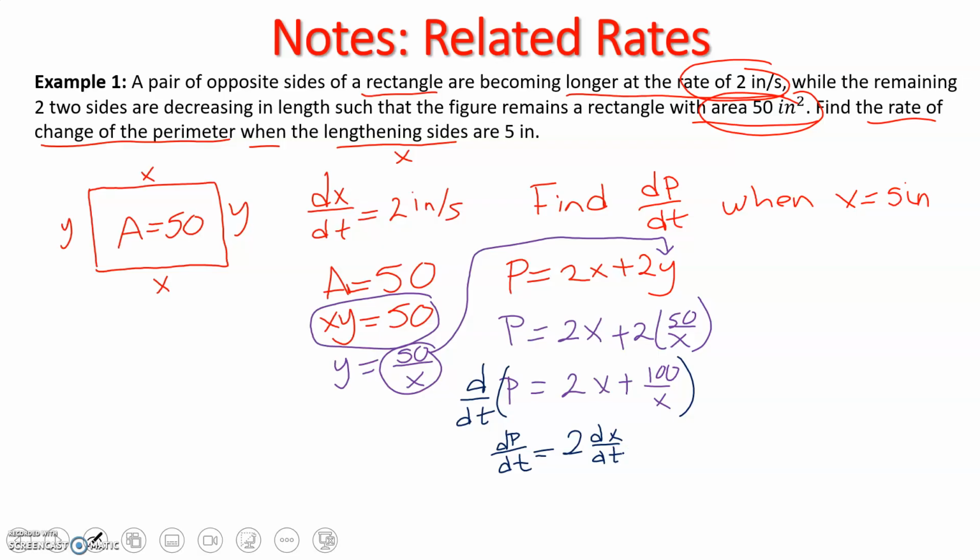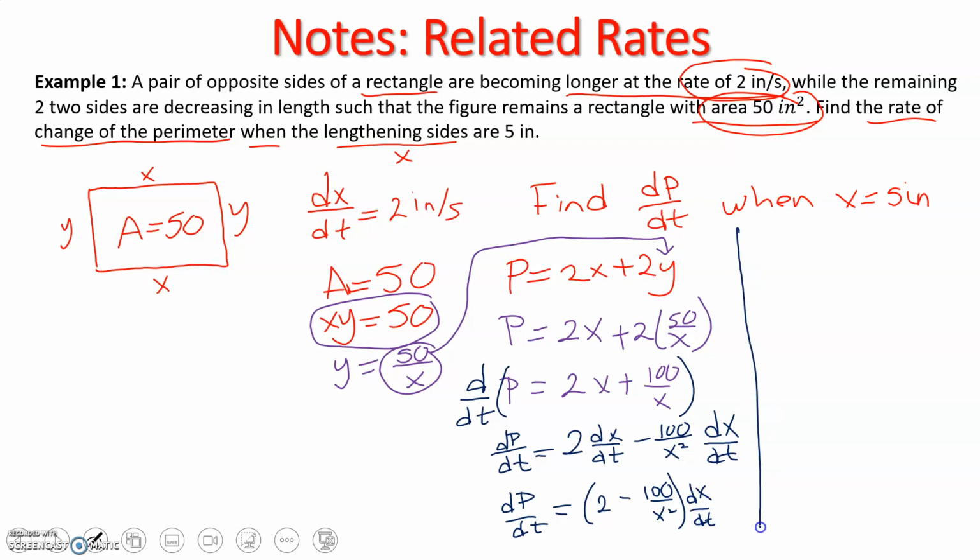The derivative of 100 over x with respect to time is negative 100 over x squared times dx/dt. We notice that both of these expressions have dx/dt. We're going to go ahead and factor it out. So we get that dP/dt is equal to 2 minus 100 over x squared, times dx/dt.